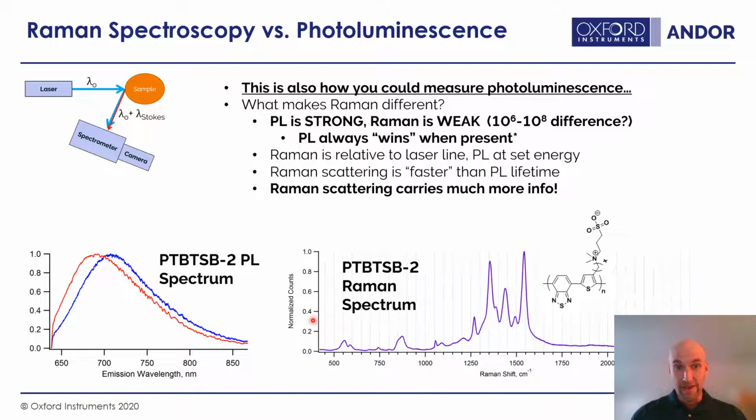On the other hand, here's the same molecule's Raman spectrum. Technically, this is a resonance Raman spectrum. Don't tell anybody. For our purposes right now, that's okay. It carries much of the same information as the Raman spectrum, so ignore that for the moment. It's a Raman spectrum. And here you see, instead, these units are in Raman shift in centimeters to the -1. What's that all about? We'll go into that in a minute.